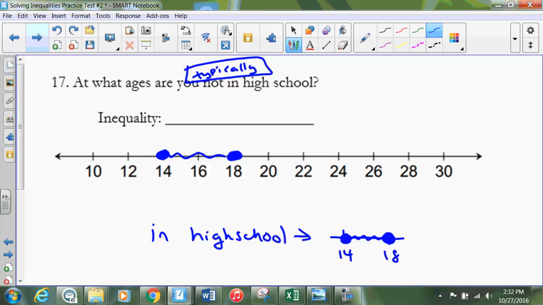The question asked me, at what ages are you typically not in high school? So we're going to do the exact opposite. I'm not going to include 14 because when you're 14 you can be in high school. I'm not going to include 18 because you can be in high school at 18. But when you're younger than 14 and when you're older than 18, you're typically not in high school. Well, unless you're a teacher.